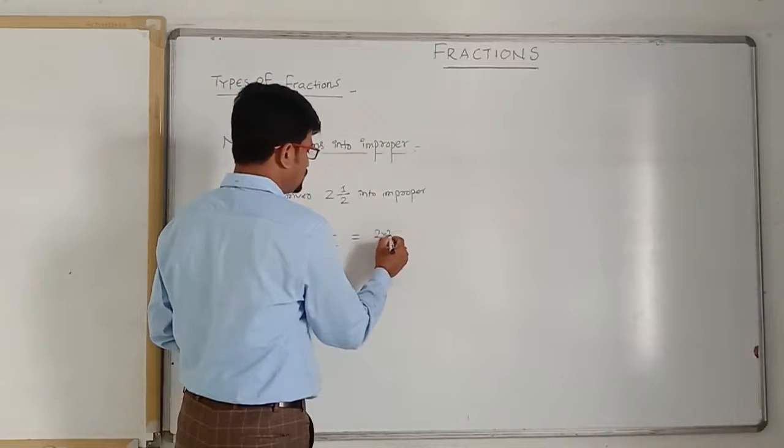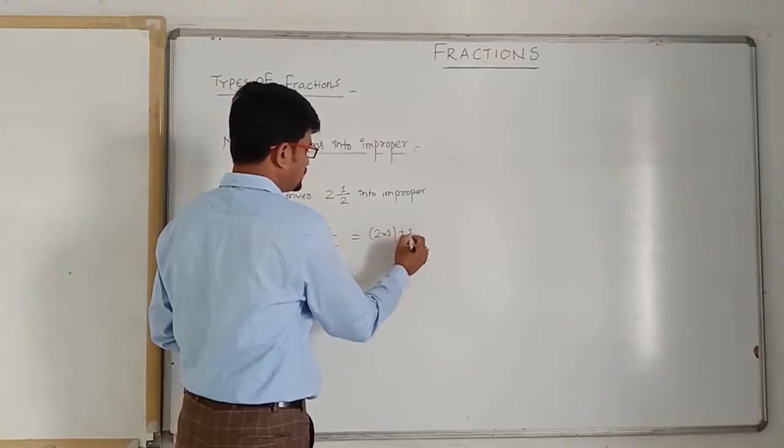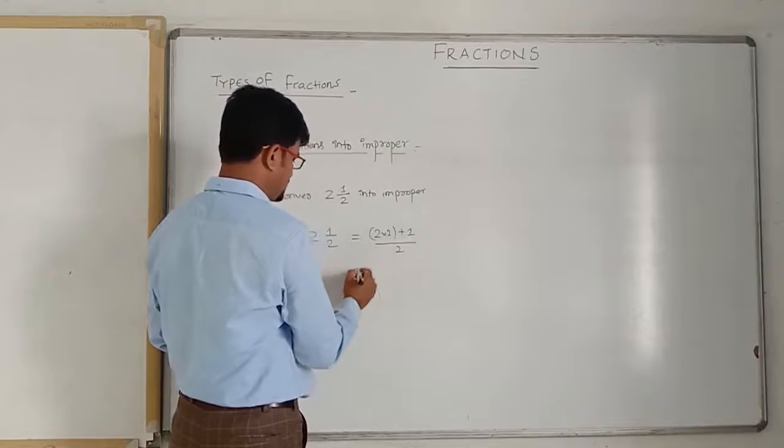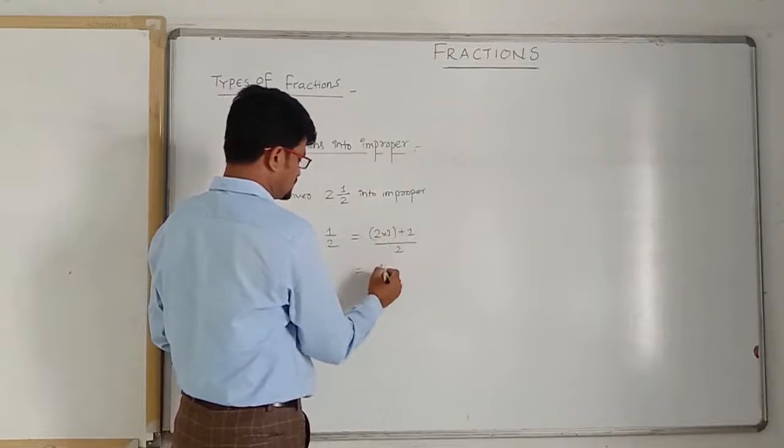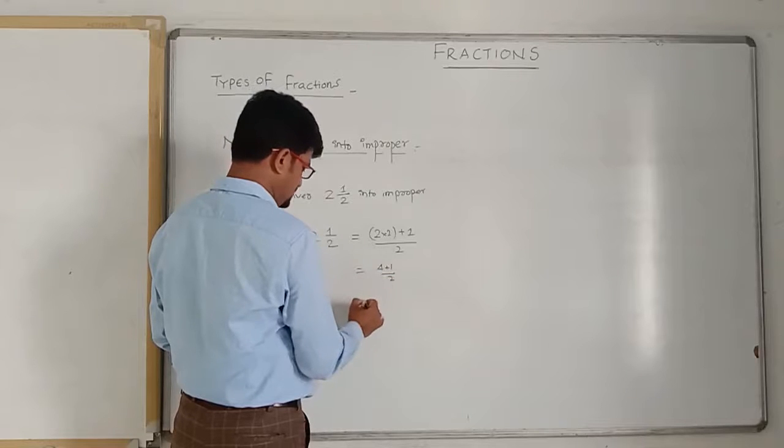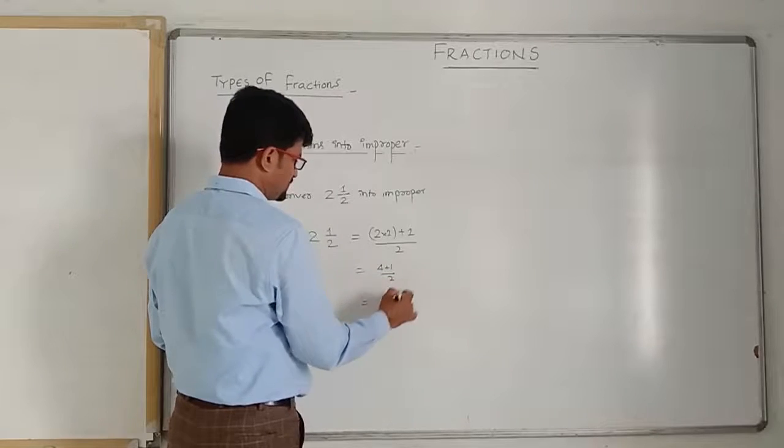So 2 into 2 plus 1 by 2 implies 4 plus 1 by 2, which implies 5 by 2.